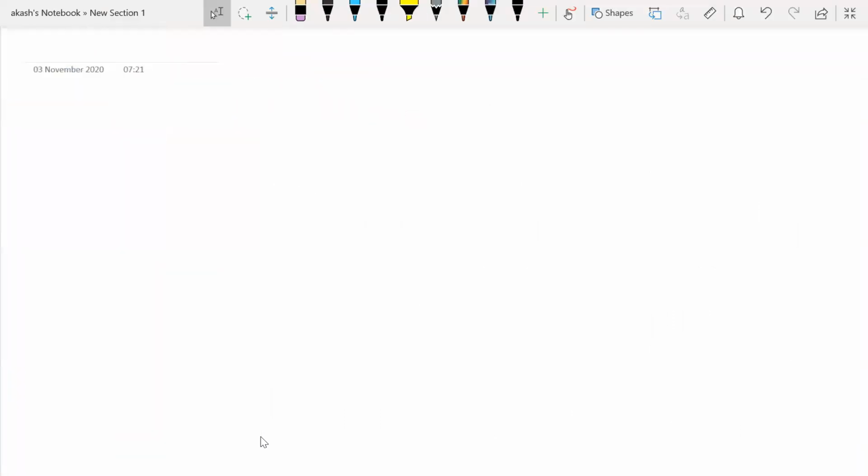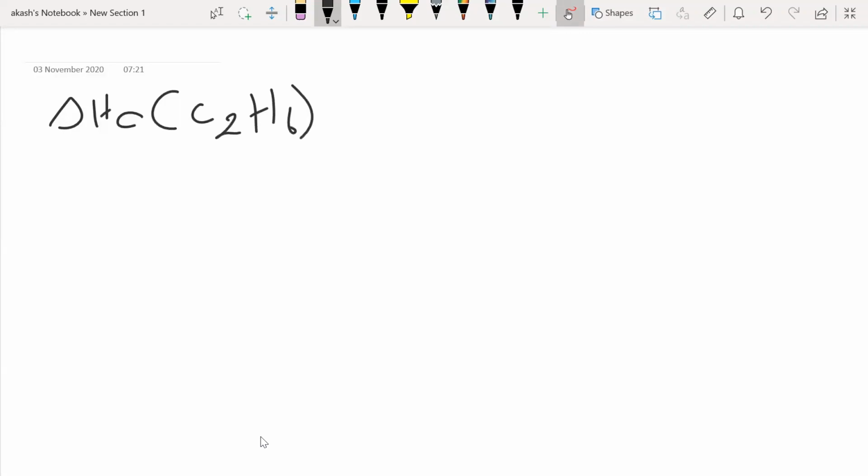Enthalpy of combustion of, say, C2H5OH will not work. Only hydrocarbons can be examples. Fine, no problem. Say I give you C2H6. The enthalpy of combustion of C2H6 is some Y.